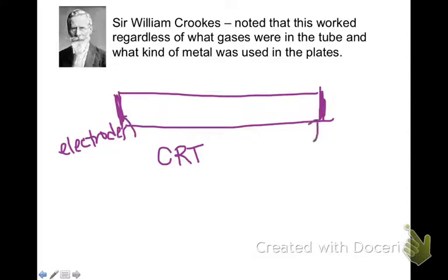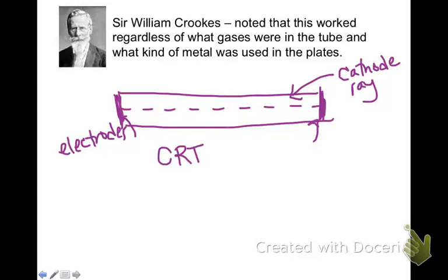And he was to zap it with electricity. What would happen is that a beam would appear and that beam would travel in a straight line across the tube. That was called the cathode ray, and it was a glowing beam that went from one side to the other as long as the electricity was on.